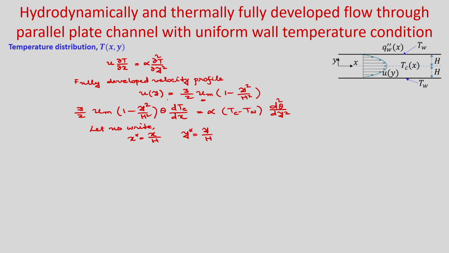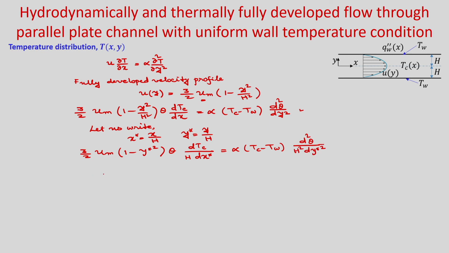If you put it in this equation, what are you going to get? 3/2 u_m (1 - y*²), because y by h is equal to y star, then θ dT_c, now this is x, so it will be h dx*, is equal to α (T_c - T_w), and here you will get d²θ by dy², so it will be h² dy*².